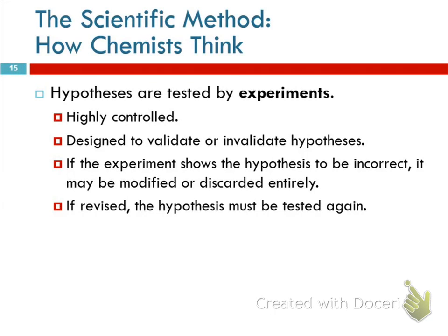So he did test this. We take the hypotheses and we test them with an experiment. An experiment is a highly controlled environment. We control everything that we can, and we do the experiment to either disprove or validate the hypothesis. Like, okay, well, if I burn this in the container without any air, then the mass might change.